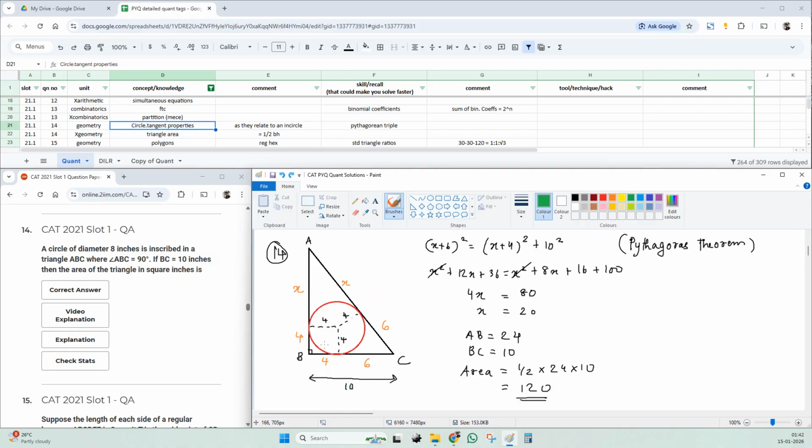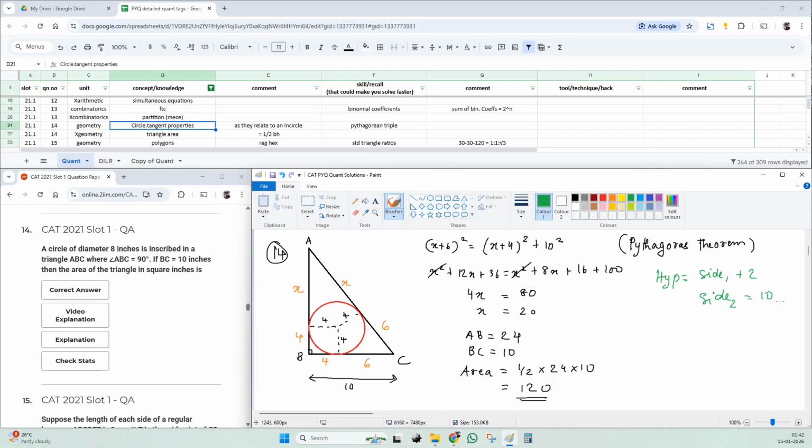Let's call it the first side. So we have a situation where hypotenuse is side 1 plus 2 and side 2 is equal to 10.